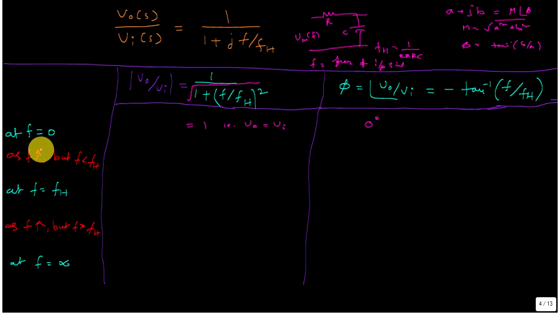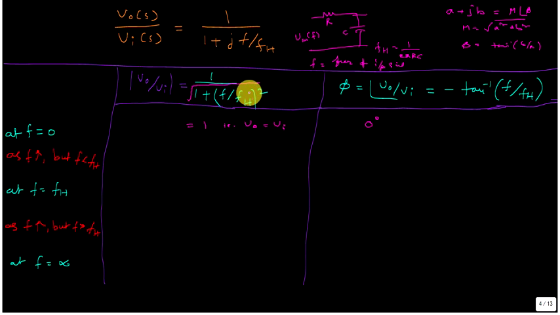Next, as f increases, as the input signal frequency is increasing but is still lesser than the upper cutoff frequency, f by fh is a small value, since f is small and fh is large. Let us assume it is 0.1. 0.1 whole square is 0.01.